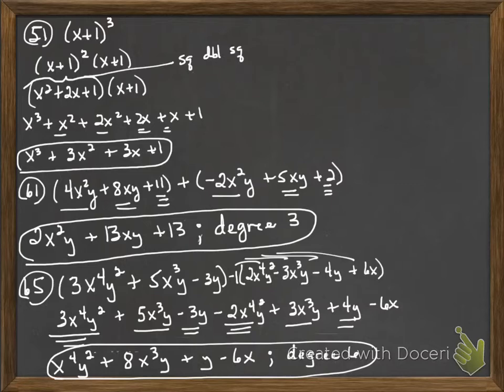We square the first term, multiply and double to get the 2x, and square the last term to get the 1. And then we bring down the x plus 1, and then we just multiply the problem out from there. x squared times x gives you x cubed, x squared times 1 gives you x squared, 2x times x gives you 2x squared, 2x times 1 gives you 2x, 1 times x gives you x, 1 times 1 gives you 1. Combine like terms. Then I think you can just look through my work for 61 and 65.